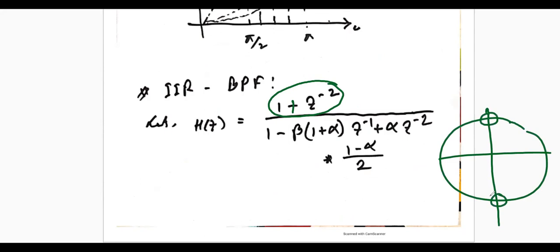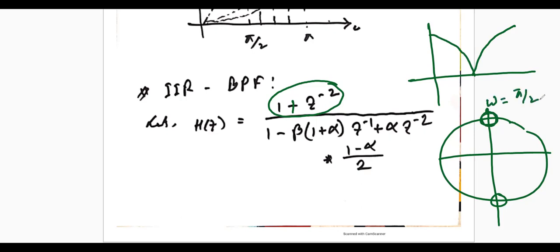This shows that you have the zero at pi by 2. We are putting the zero at omega equals pi by 2, which shows that you must have a zero at pi by 2.